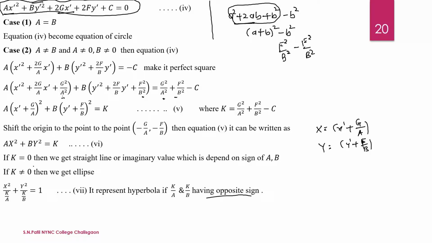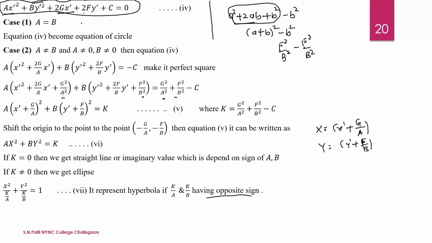Now in case number 3, if we consider a is 0 and b is non-zero, then this is a quadratic equation in y dash. Same case if b is 0 and a is non-zero, then we get a quadratic equation in x dash. And if a quadratic is there, then definitely the quadratic equation represents the parabola.